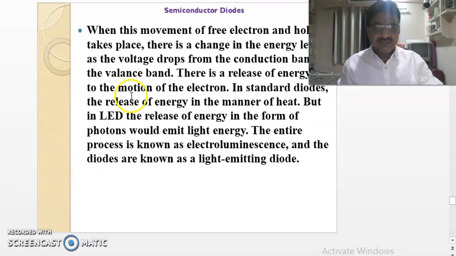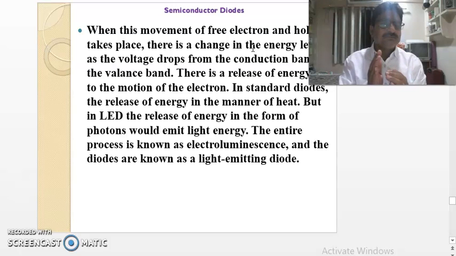When this movement of the electron and hole takes place, there is a change in energy level as the electrons drop from the conduction band to the valence band, and there is a release of energy due to the motion of electrons. In standard diodes, the release of energy is in the manner of heat.